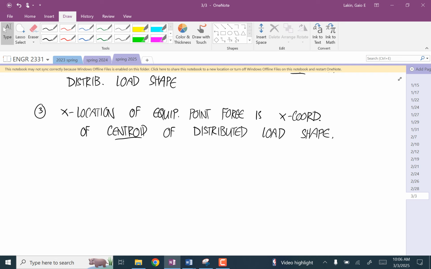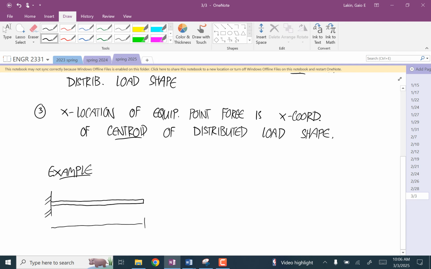Okay, so let's do an example. Let's say we have a cantilever with a length of 3 meters and the mass is 50 kilograms.